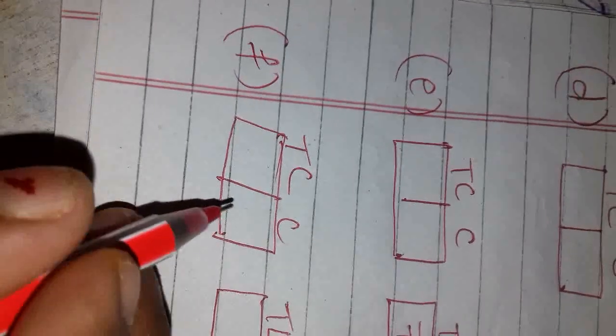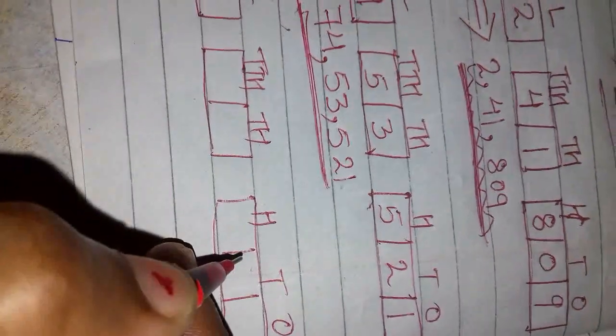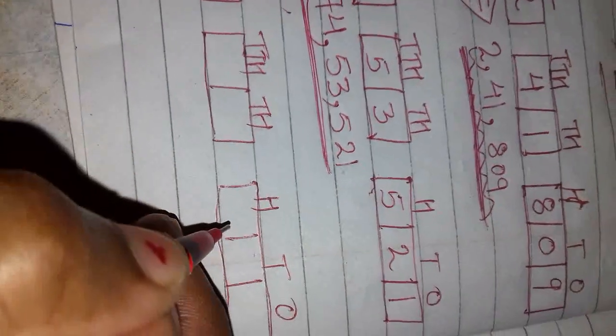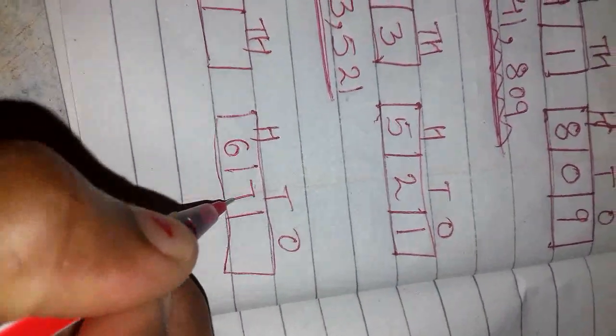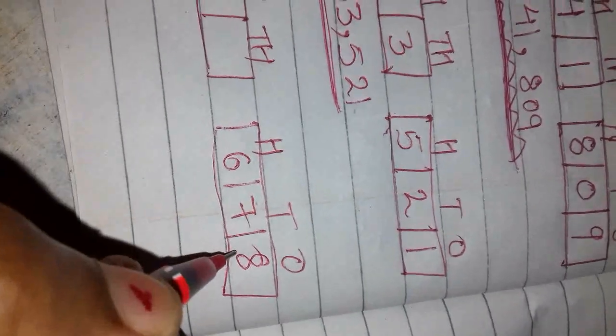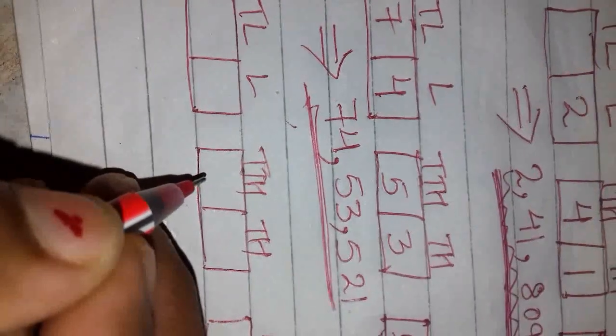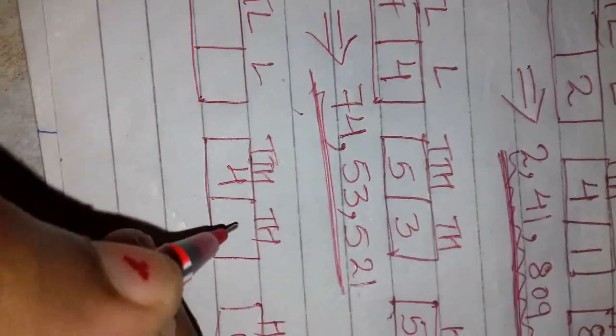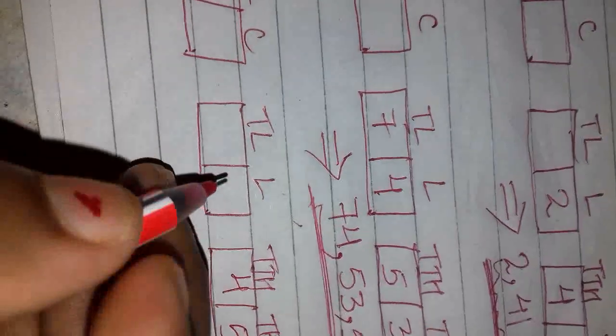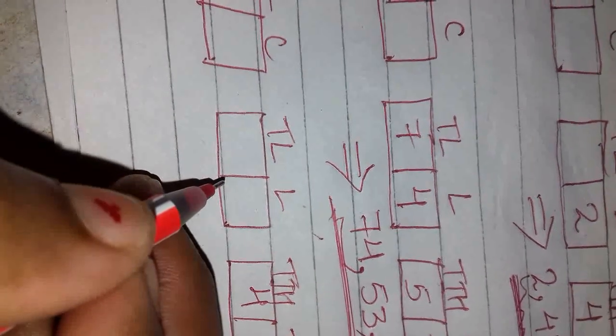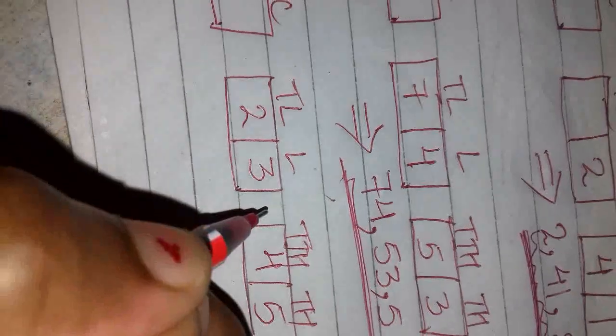So students, you can see these numbers go till crore period. So we will start from ones period from the right side. It is given 678, so we will write 678. In 1000 period it is given 45,000, means 4 and 5, 45,000. And in lakh period we have 23 lakh, so 2 and 3, 23 lakh.